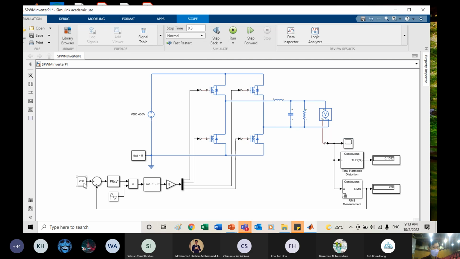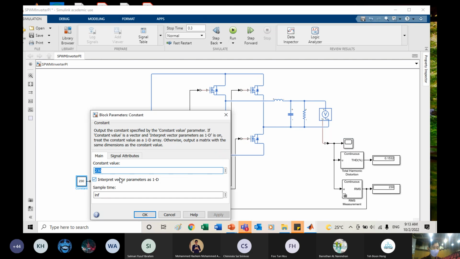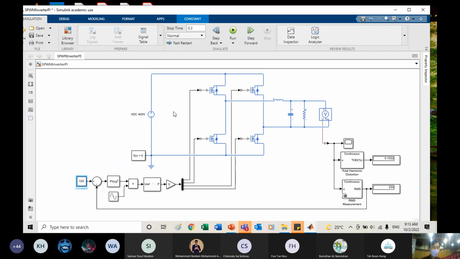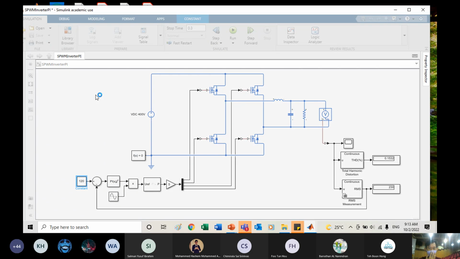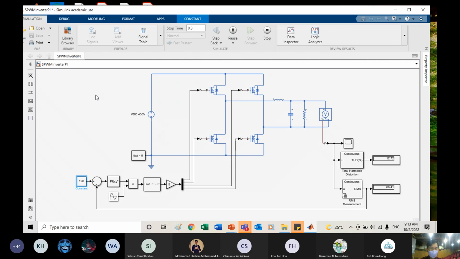Then if I change this to, let's say, 120. You see, when I set 120 here, my output is also 120.